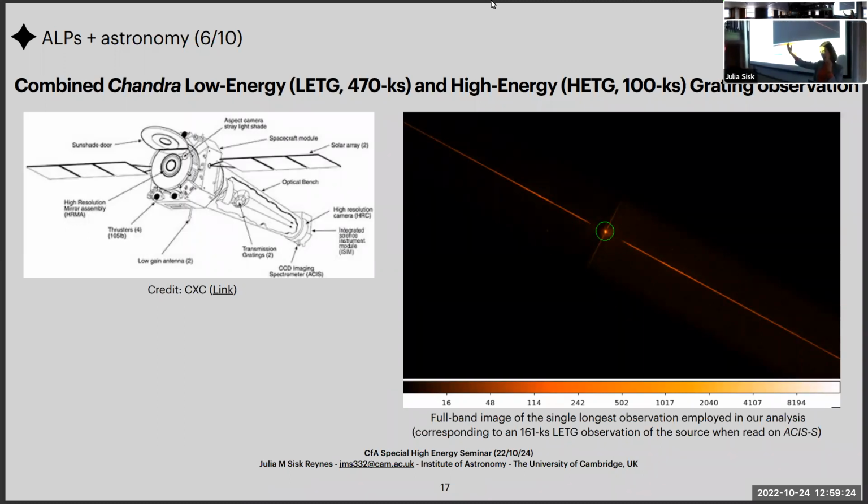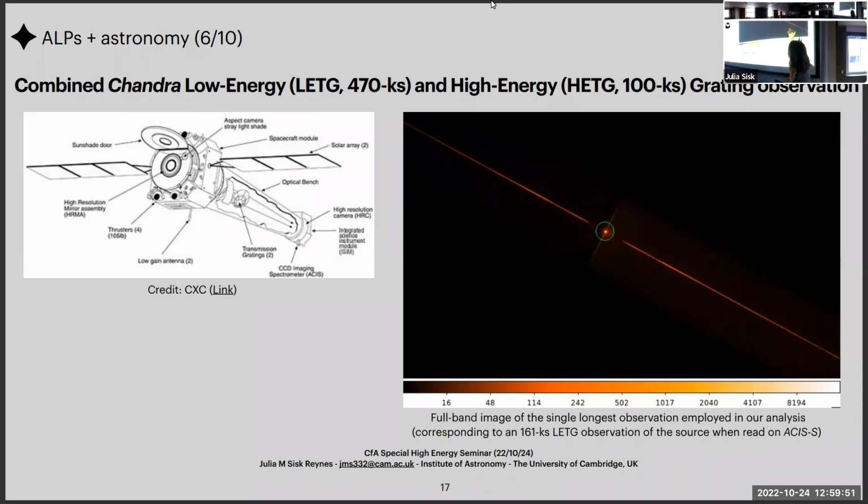What the gratings allow us to do is that everything that the telescope sees is dispersed across these grating arrays. So this enables a very high quality extraction of the intrinsic AGN emission, free from the contamination of the cluster.